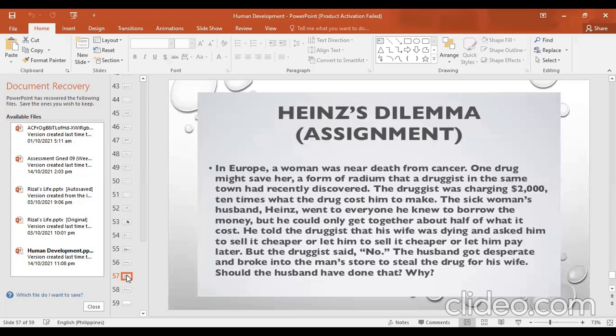But the druggist said, no, kasi ginawa nga naman niya yun. Kailangan mo magbayad ng $2,000. The husband got desperate and broke into the man's store to steal the drug for his wife. Ninakaw niya. Should the husband have done that?